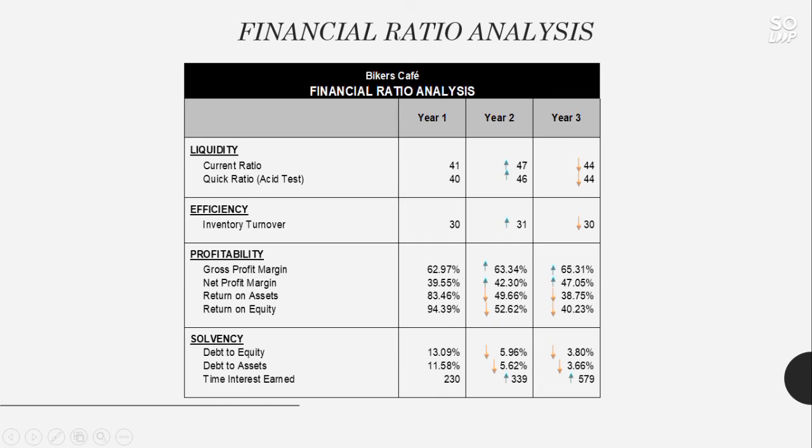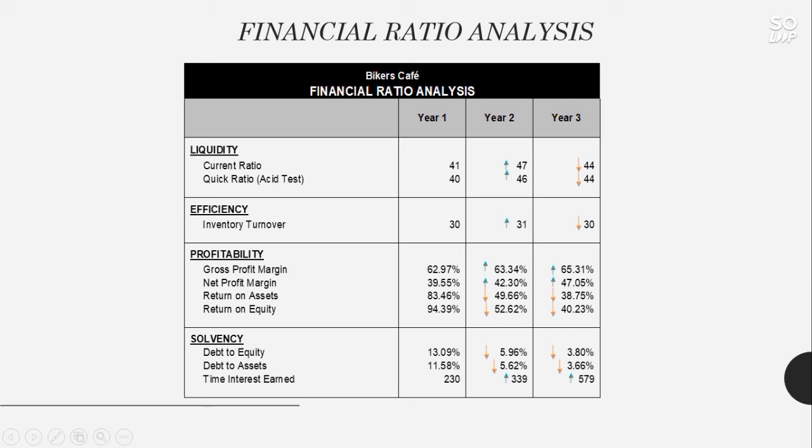For net profit margin, our percentage is at 39.55% at year 1, and it's going to increase to 42.30% at year 2, and it's going to increase to 47.05% at year 3.